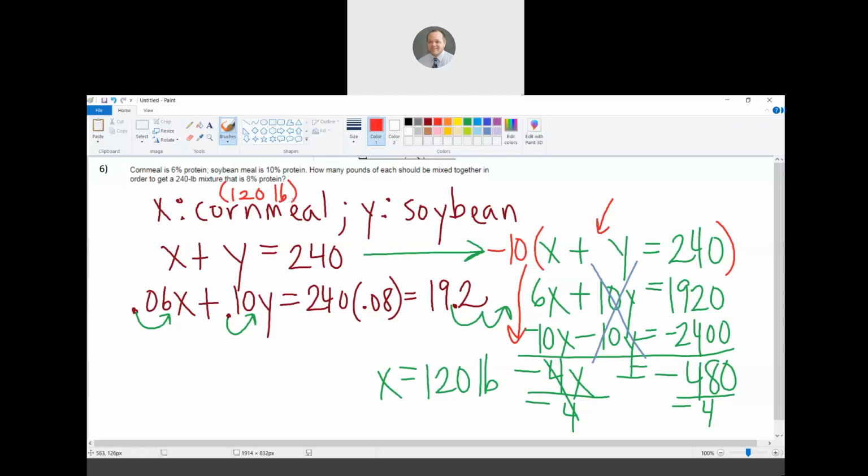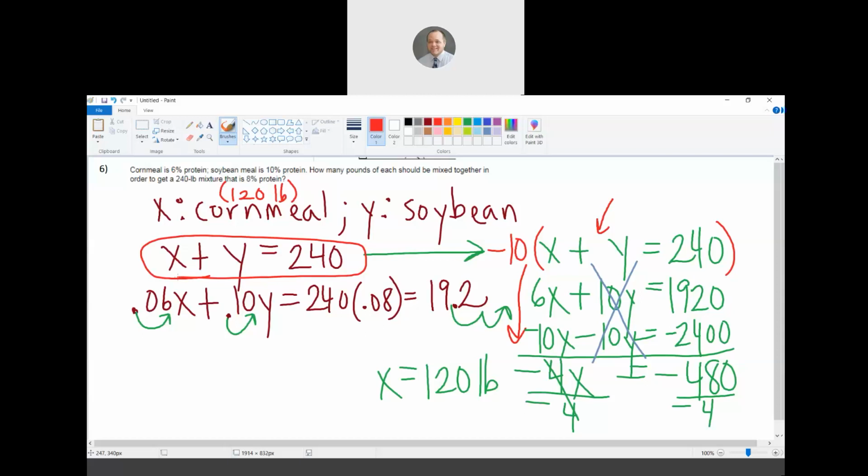To find the amount of soybean needed for our mixture, you can either plug in X into any of your equations or just mentally figure it out. We need a total of 240 pounds, and cornmeal is already 120 pounds.